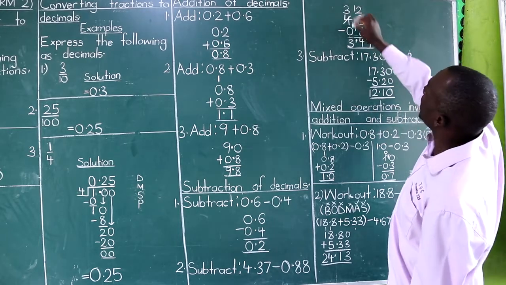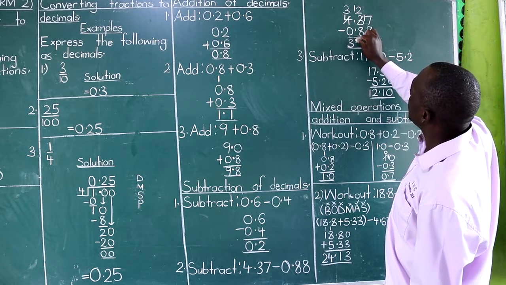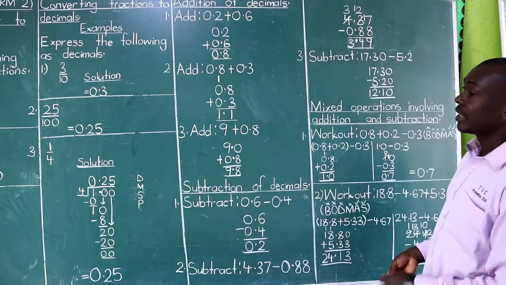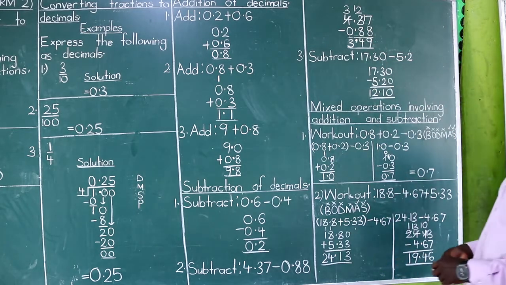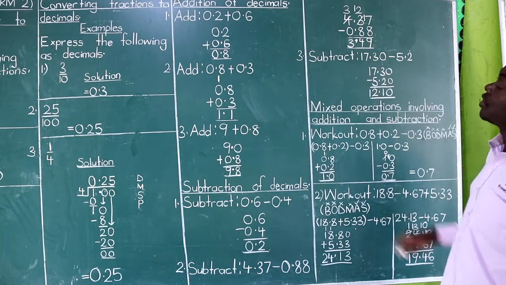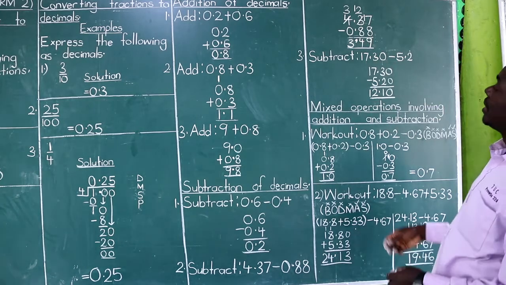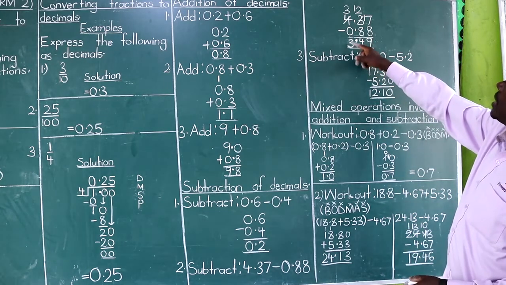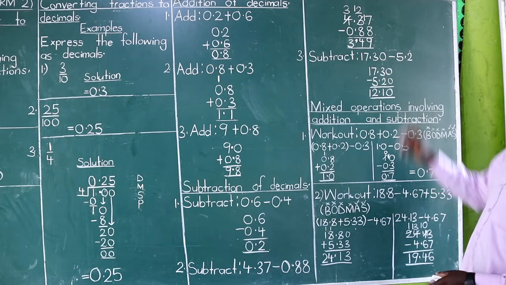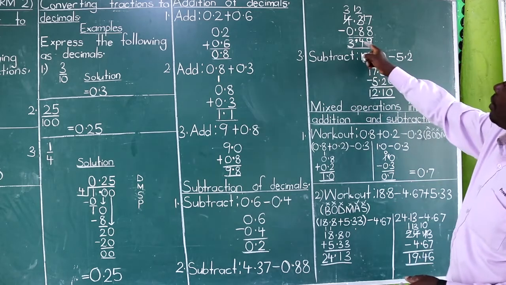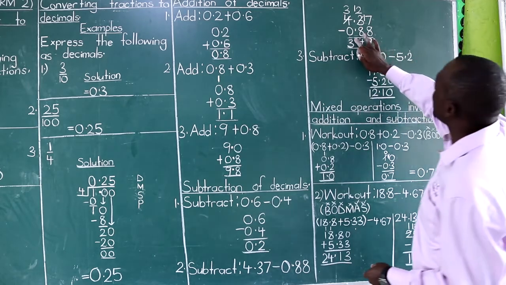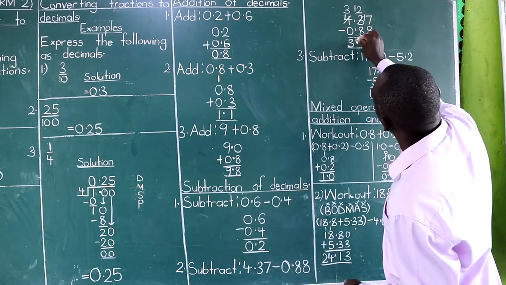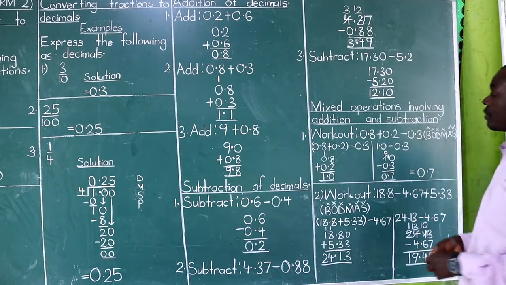Then we've got 3 minus 0 is a 3, thereby getting an answer 3.49 or 3 and 49 hundredths. You read it as 3 and 49 hundredths or 3.49 as the answer for this particular question.